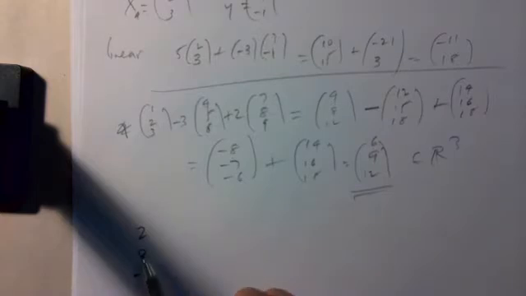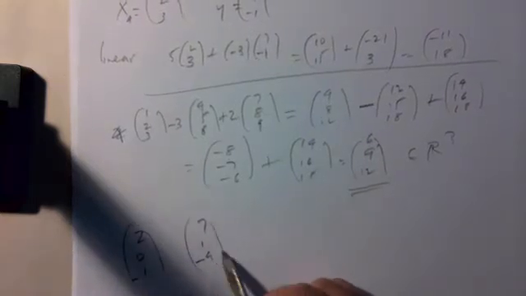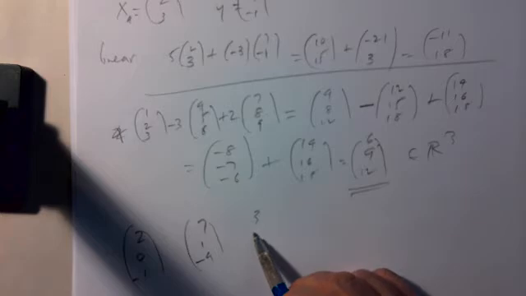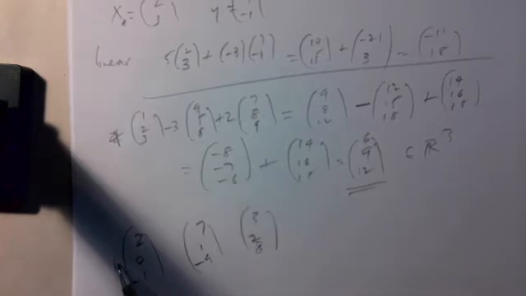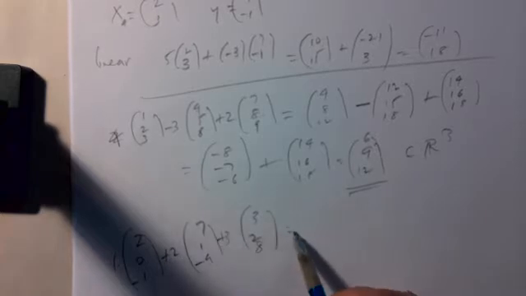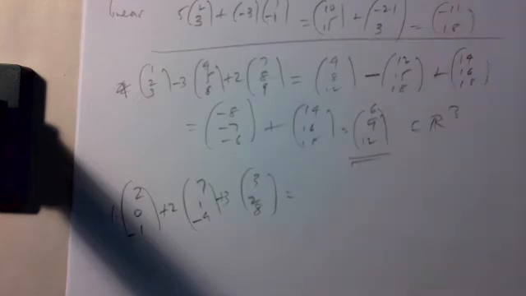Suppose I have 2, 0, minus 1, 7, 1, minus 4, 3, 2, 8. And suppose I take 1 times this, plus 2 times this, plus 3 times this. So do the calculation and tell me what you get.